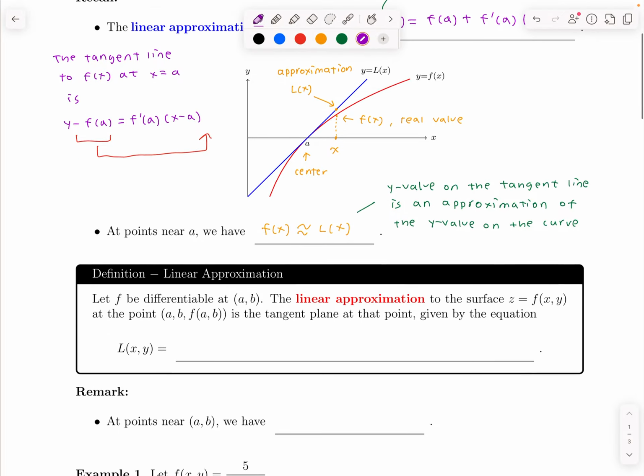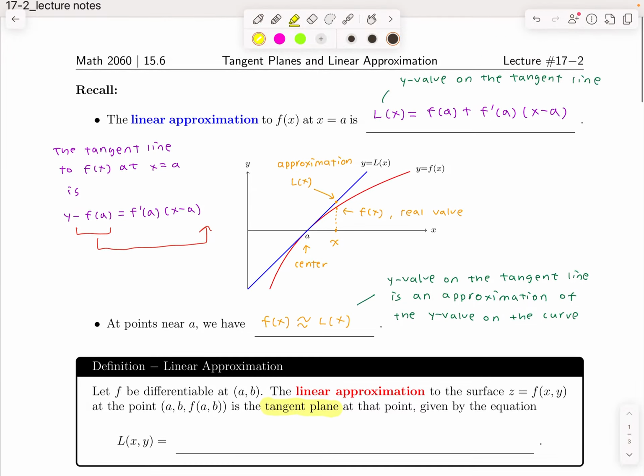Now we just want to extend this idea to calculus 3. So let's take a look at this definition box. So f is your differentiable function at a point a comma b, and the linear approximation to the surface z equals f of x comma y at this specific point is the tangent plane at the point. This is really important. It is the tangent plane at the point. Just like previously, your linear approximation is your tangent line at the point.